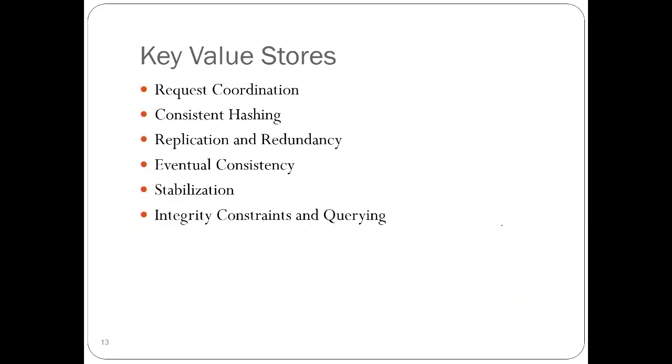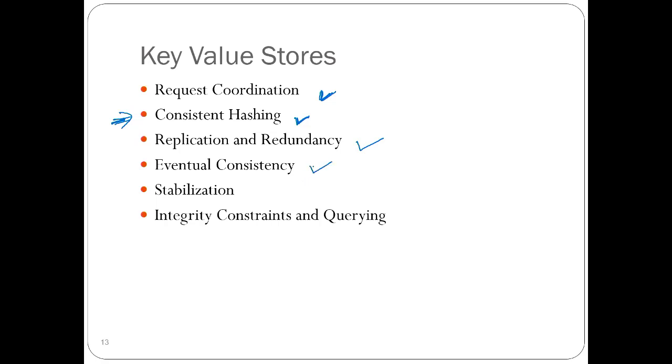Good. Let's keep moving. In key value stores that we're discussing right now, there are a few things which are very, very important, like request coordination. I'll discuss that soon. Then we will look at consistent hashing that you may find a little interesting and important at the same time. Then we will look at these issues of replication and redundancy.